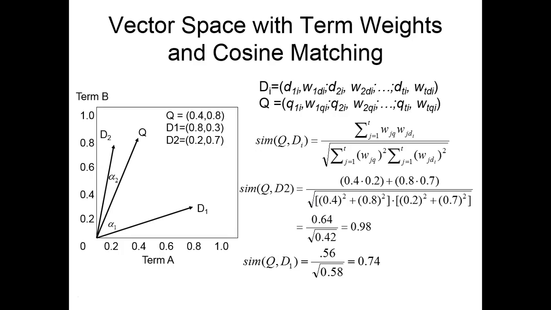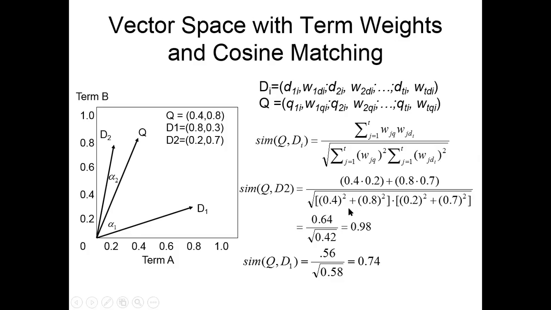So when we find the dot product by multiplying 0.4 times 0.2 plus 0.8 times 0.7, we get 0.64, divided by the length of the query multiplied by the length of document 2, which gives the square root of 0.42.